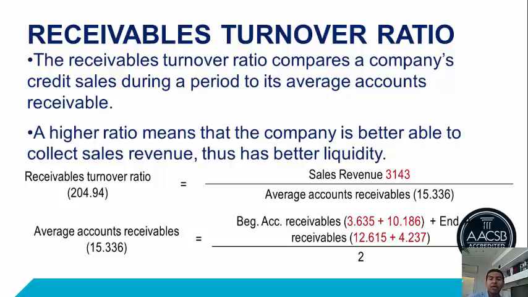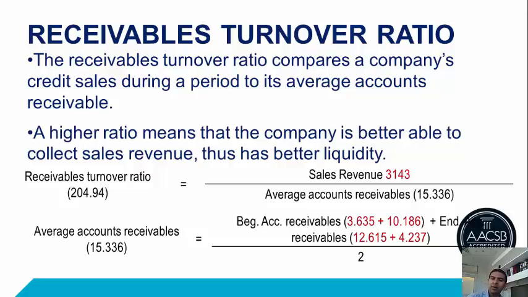If I take ending accounts receivable, just that one ending number, I give an incentive to organizations to manipulate numbers at the last minute to make the receivables turnover ratio look good. By taking an average, it's harder to manipulate the number. What's an average? It's the beginning balance plus the ending balance divided by 2.